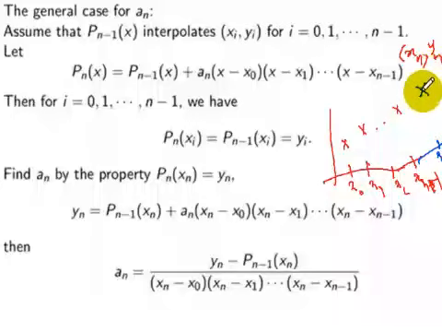So what do I do? I add this term, because when you put these values in here, this term becomes 0. So now I consider this additional point.